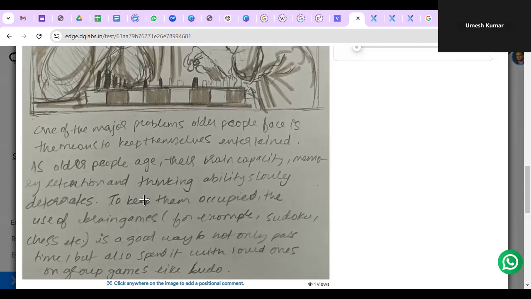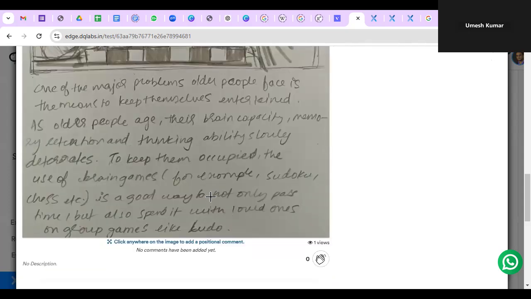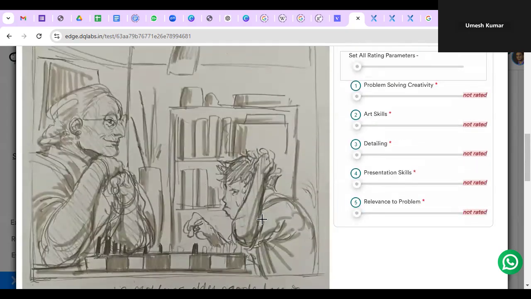To keep them occupied, the use of brain games, for example, Sudoku, chess, etc., is a good way to not only pass time, but also spend it with loved ones on group games like Ludo. Beautiful illustration. Do you agree? Yes, sir. It's a beautiful illustration. Nice.